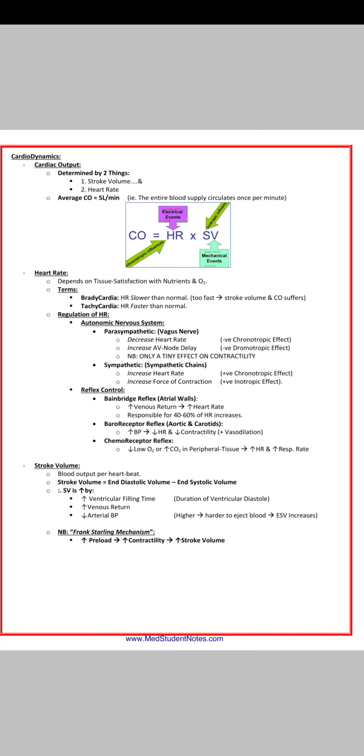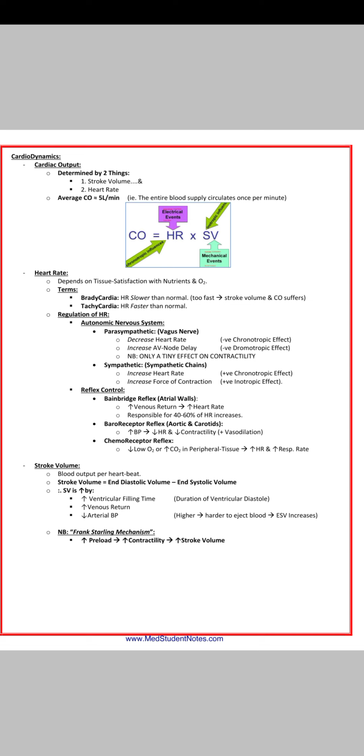Next is the stroke volume. So we discussed heart rate: bradycardia, the decrease in heart rate, and tachycardia, the increase in heart rate, and how the heart rate is regulated by the autonomic nervous system, which is the parasympathetic and the sympathetic.